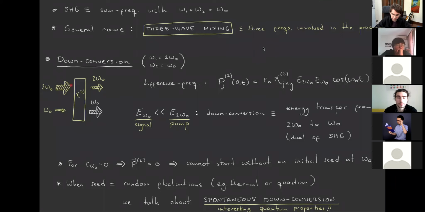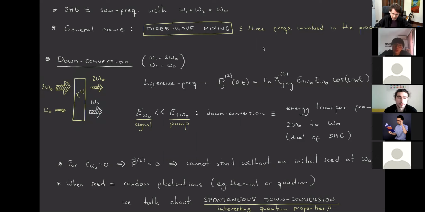This process of transferring energy from a higher frequency beam to a lower frequency beam is what we call down conversion. And what we saw is that, in principle, for down conversion to start, we actually require a small spark, a small injection at the down converted frequency, in order for everything to start.